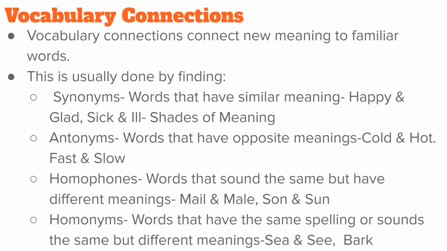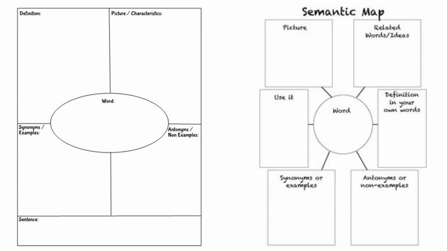We've already covered a lot of these, so I'm just going to show you a few graphic organizers and we'll keep on rolling. So these will be a part of a vocabulary journal, and it exposes the students to not just the main word that they are adding to their vocabulary journal, but it exposes them to so many more words, which increases their vocabulary.